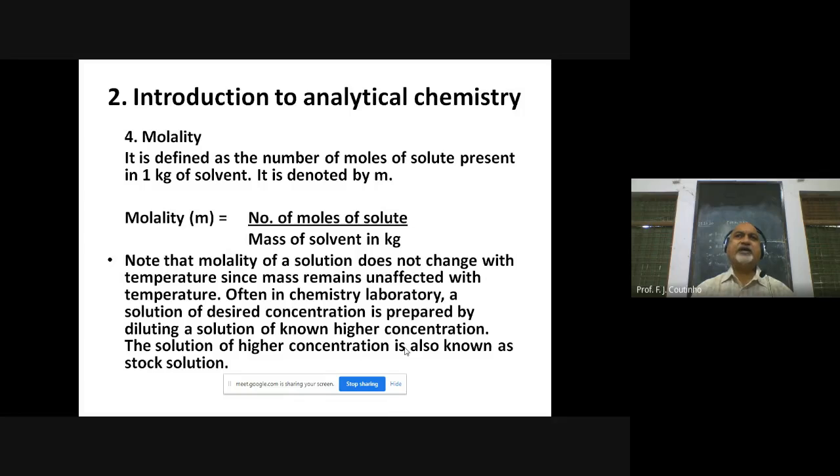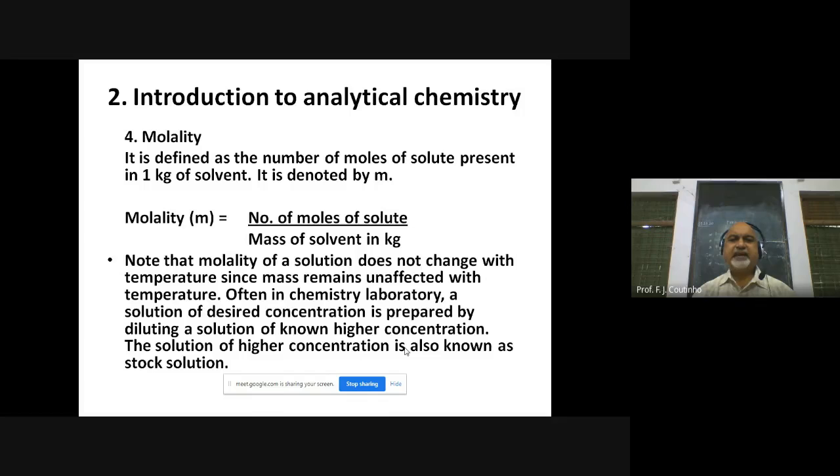Then we dilute it as per our requirement, whether we want 1 molar, 0.1 molar, 0.2 molar, 0.5 molar, and so on. Depending on the calculation, we add water to dilute the concentration to the desired form.